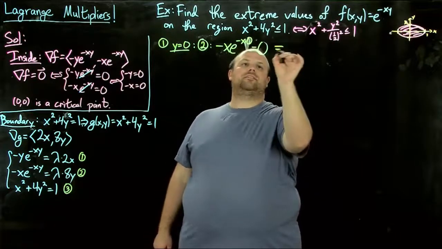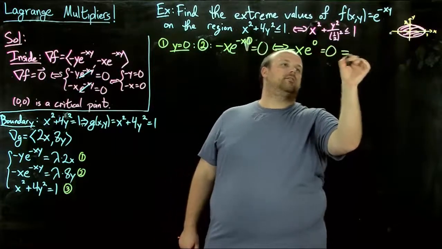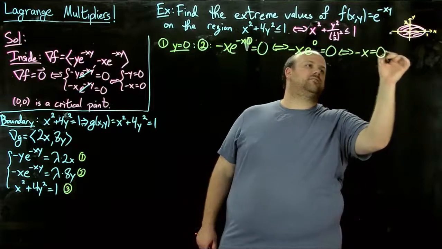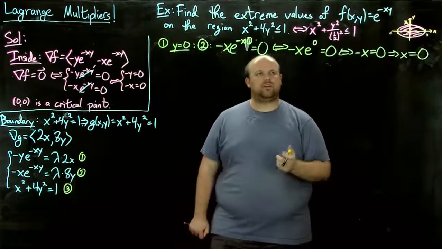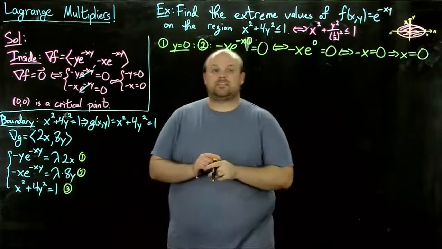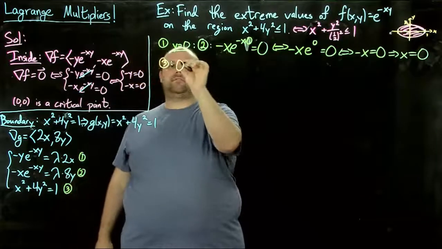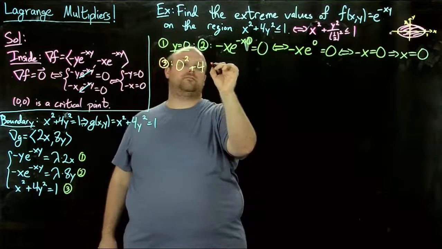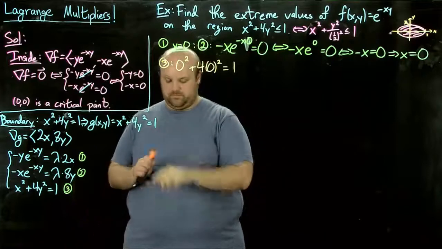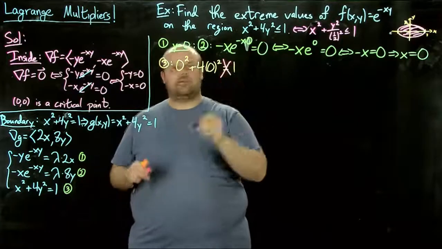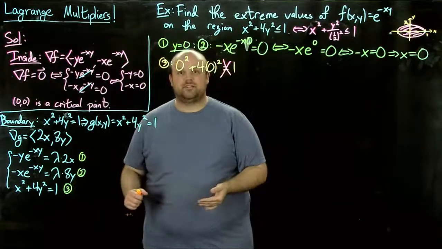So this is the same as saying minus x e to the 0 is 0, which is the same as minus x equals 0, which means x equals 0. Well, that's a contradiction to equation 3. We have to have then 0 squared plus 4 times 0 squared equals 1, but that's not true. Right? That (0, 0) isn't a point on the constraint.